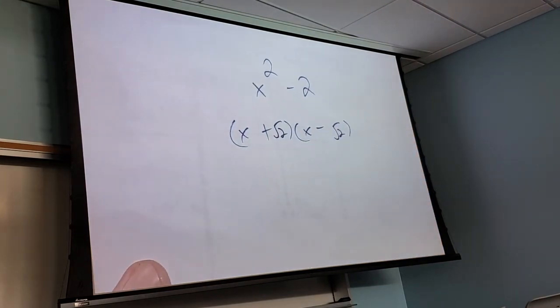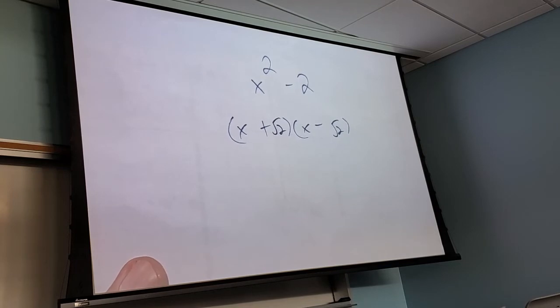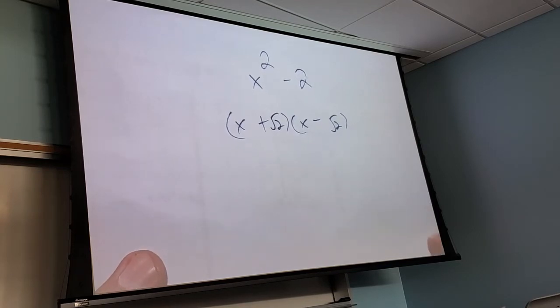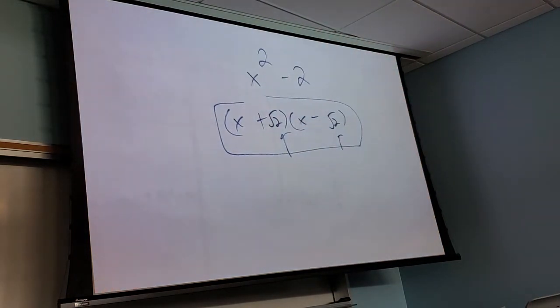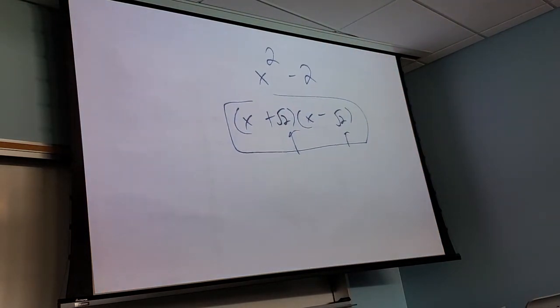Maybe? Now normally, especially in algebra, when you said factor, you were talking about factoring using rational numbers. But we can extend the things we're doing to include irrational numbers. We can extend them to include complex numbers.